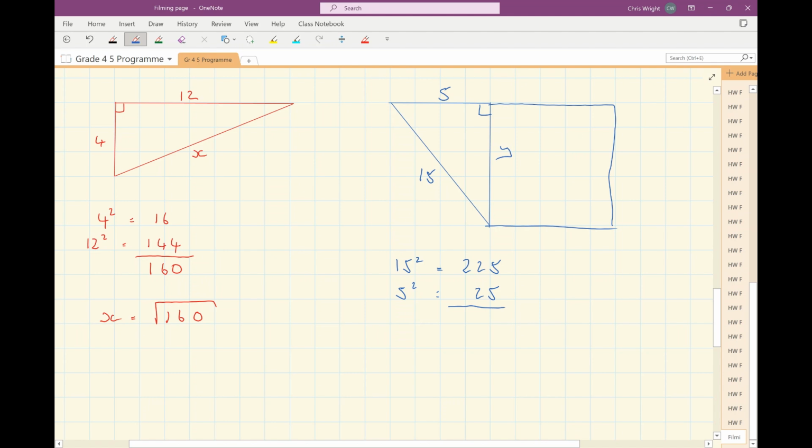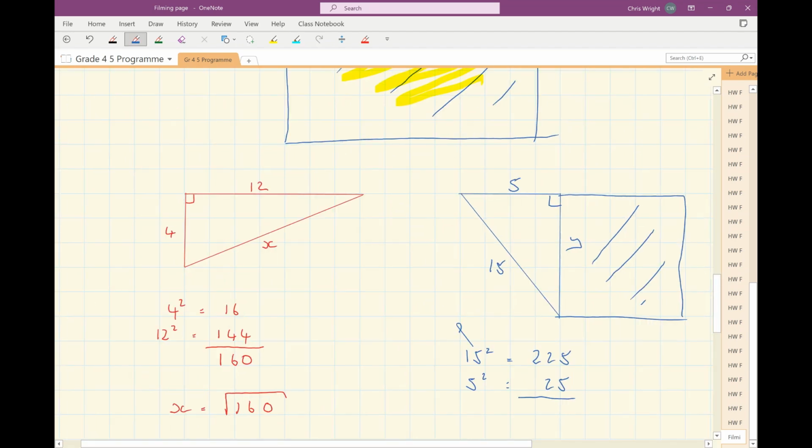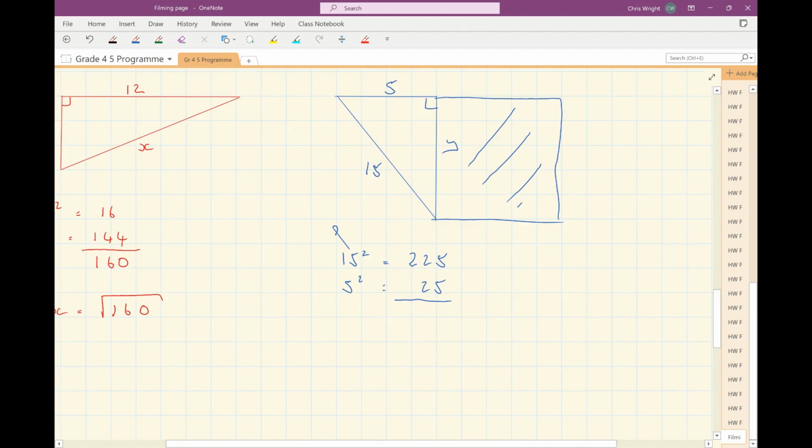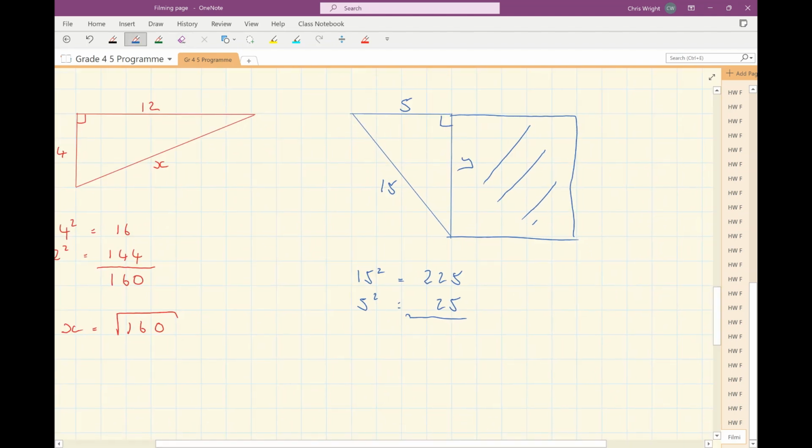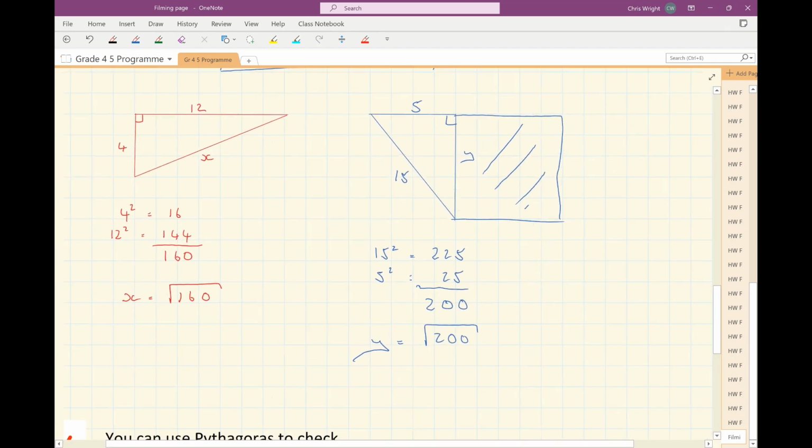And this square that I'm finding the area of isn't the largest of the squares, is it? So I'm going to do 225 minus 25 to get the area of that square on y. Well, that is 200, so that means that y will be the square root of 200. And if I do that on my calculator, I get 14.1 to 1 decimal place.